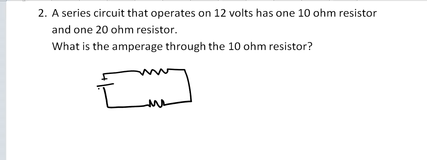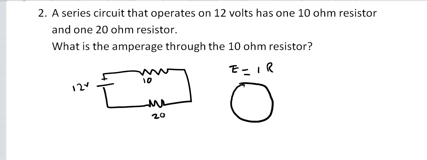Here's our series circuit, one path, negative terminal, positive terminal, and it's a 12 volt source, one 10 ohm and one 20 ohm resistor. And let's just solve using Ohm's law that we learned earlier in the presentation. Or we could use the circle, which is what I suggest.